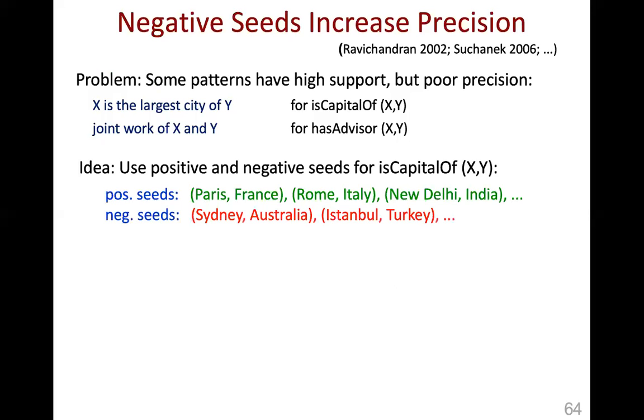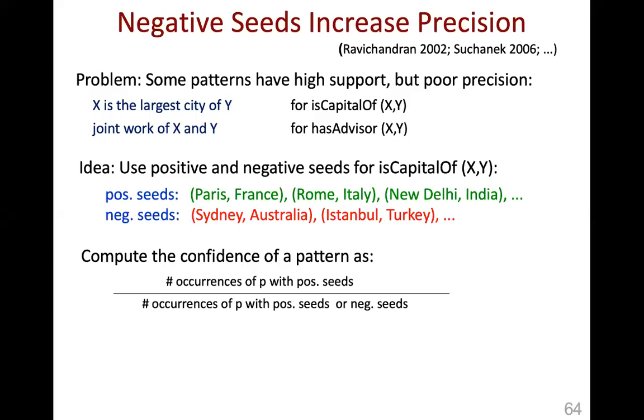So if you have positive seeds, that is one piece of information, but if you have more negative seeds, like say Sydney, Australia, Istanbul, Turkey, right? Then that would help you get a better idea of getting a more robust system that can infer these patterns confidently and robustly.